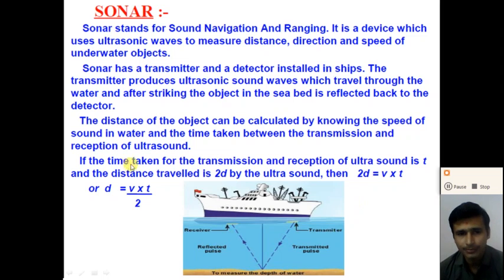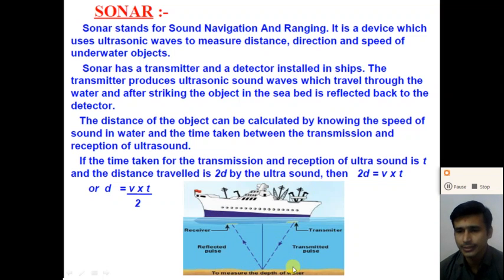Suppose the time taken between transmission and reception of the ultrasonic sound is t, and the distance traveled by the ultrasonic sound wave is 2d. On this side the distance d is traveled and on this side the distance d is traveled, right?